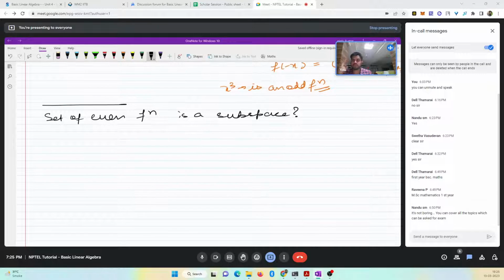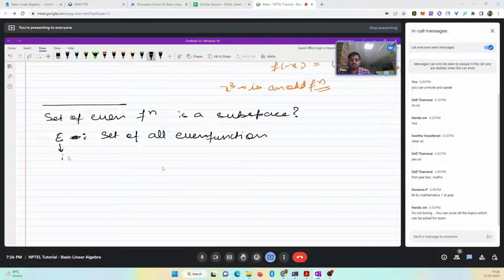Whenever you have to prove anything to be a subspace, the first step is, let E denote the set of all even functions. So we have to prove that E is a subspace of the set of all functions from F1 to F2.